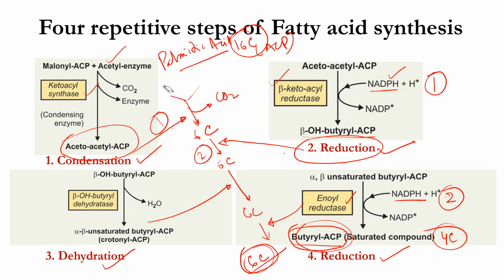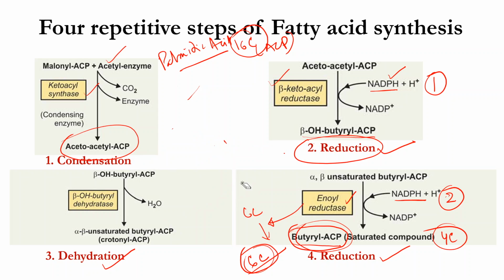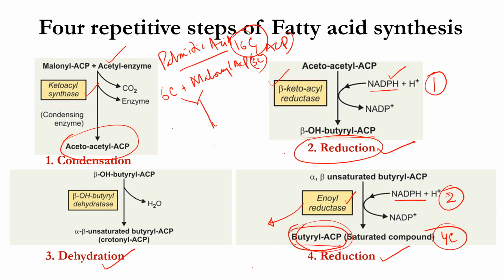Now we will just give an example of how it will become 8. This 6 carbon will join with another malonyl ACP, that is 3 carbon, and it will again make 8 carbon, because 1 carbon dioxide will be released here.